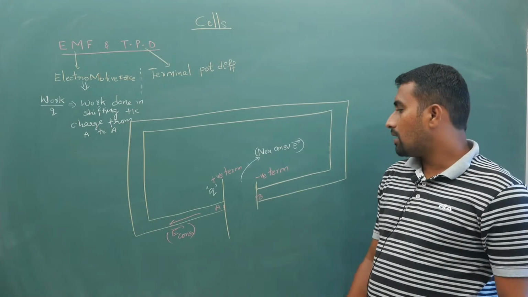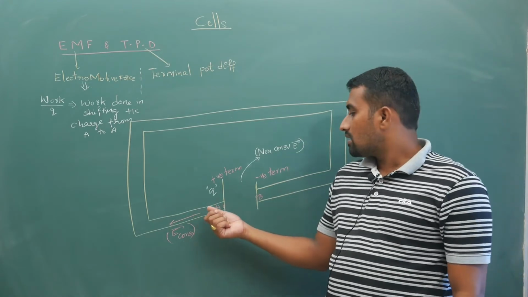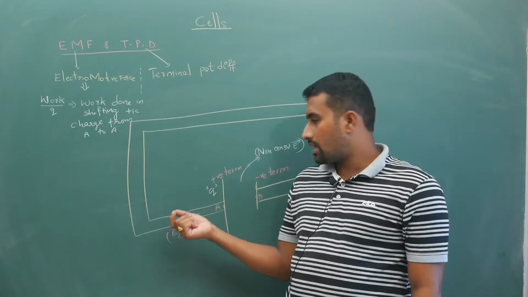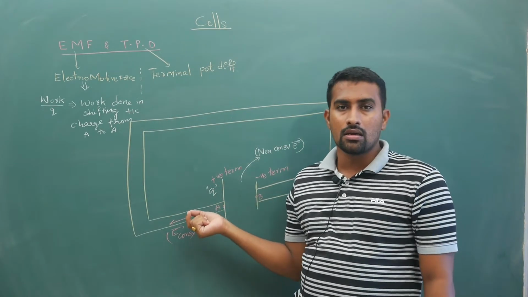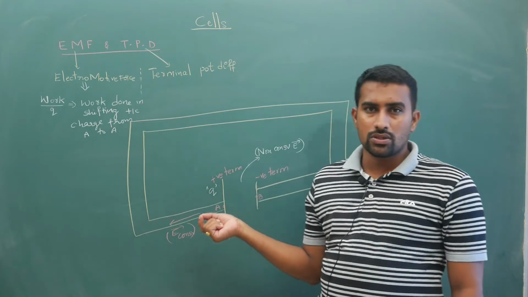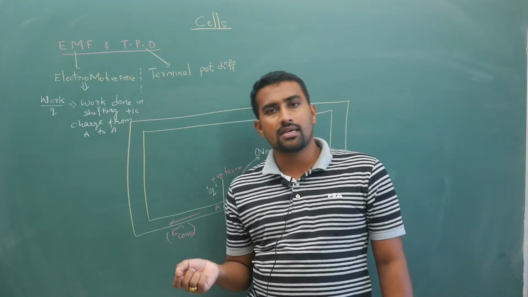So it is work done per unit charge. If you take plus 1 coulomb and shift it along this closed path and bring it back here, you will have the tendency to think that the answer is 0, but that is not the case.